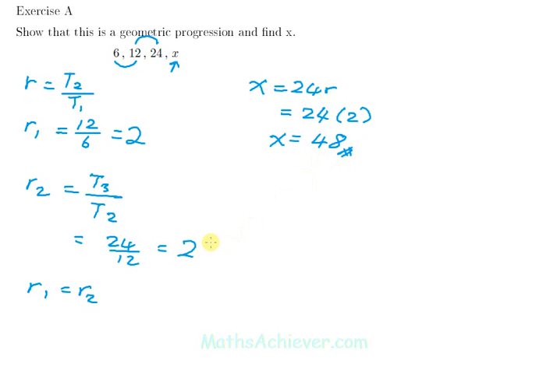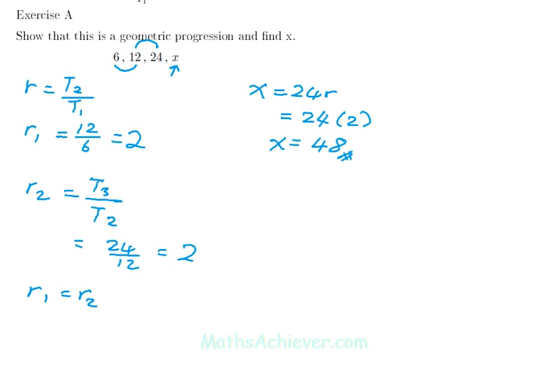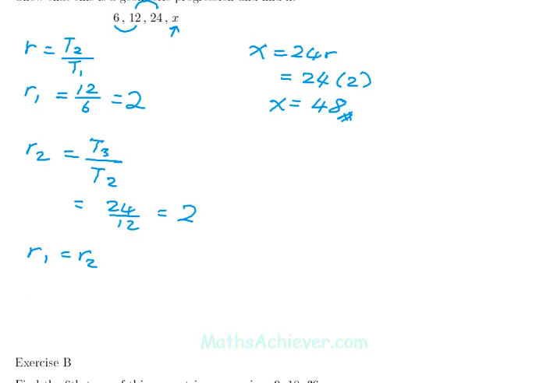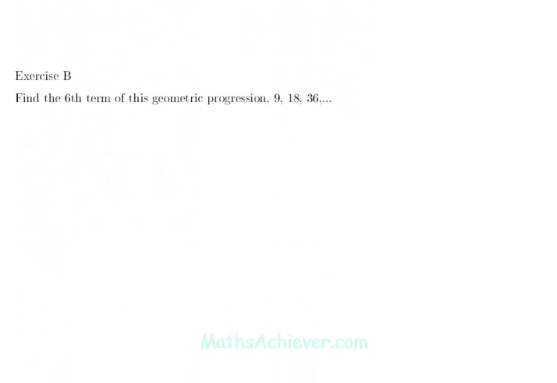Okay, so quite a straightforward topic. The only thing is that it's easy to confuse with arithmetic progression, so we have to map out the difference and have a clear understanding of this.